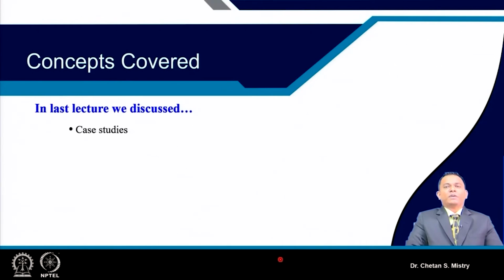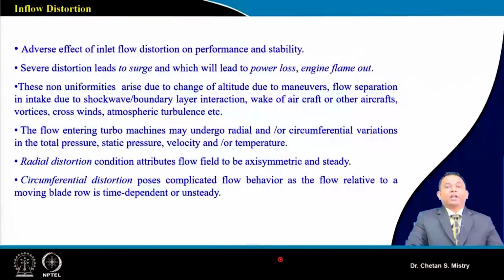Now today we will be discussing some other aspects. One of the aspects for aero engines is inflow distortion. Rather than saying aero engine, the same problem exists with all kinds of industrial fans also. That is what is called inflow distortion. This inflow distortion has an adverse effect on the performance and stability of compressors as well as fans.